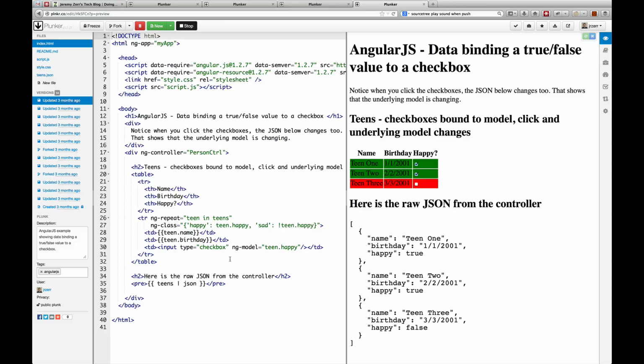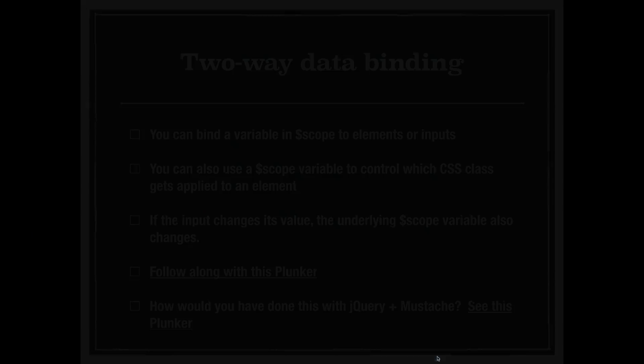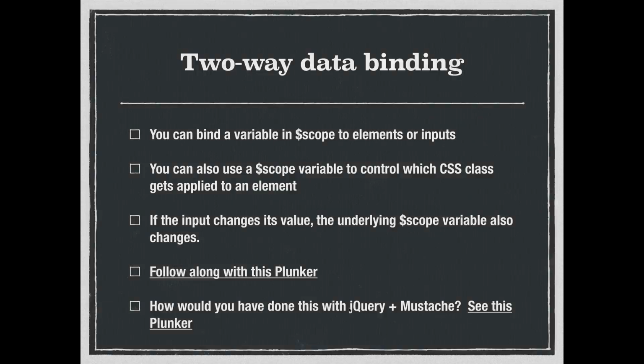So to show this, I decided I should see what it would take to design the same type of thing using jQuery plus Mustache. Mustache, for those of you that don't know what that is, is a client-side templating language that you can use in JavaScript.